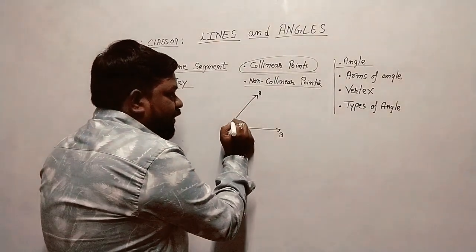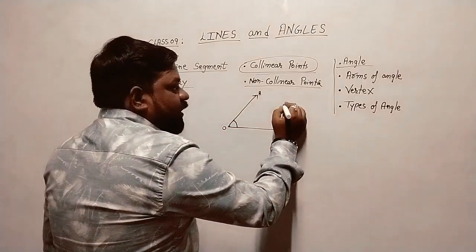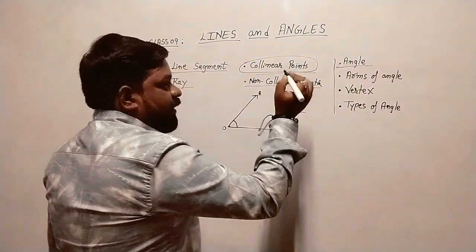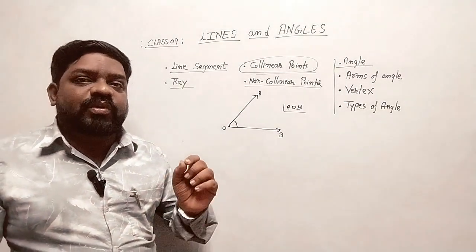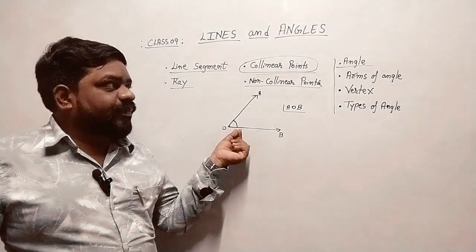At that time the angle is formed. The name of this angle is angle AOB. So the angle is formed when two rays originate from the same endpoint.